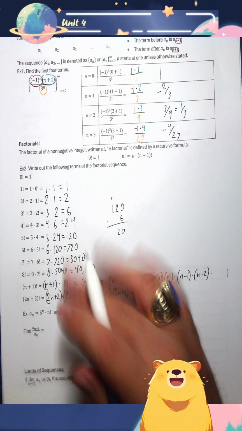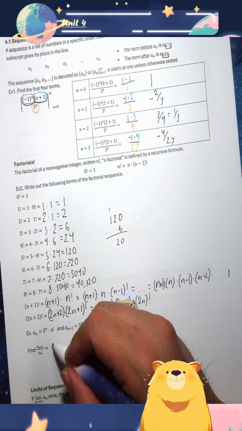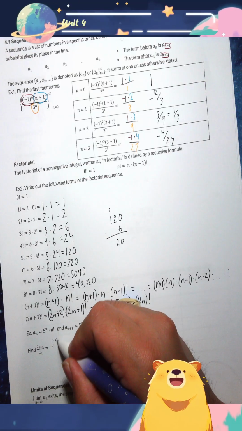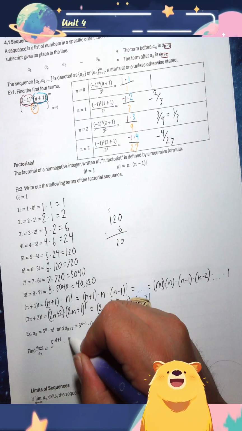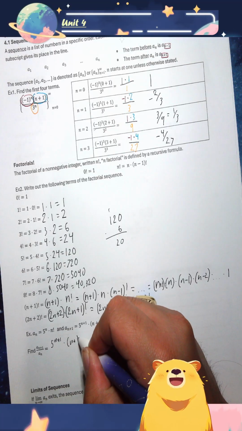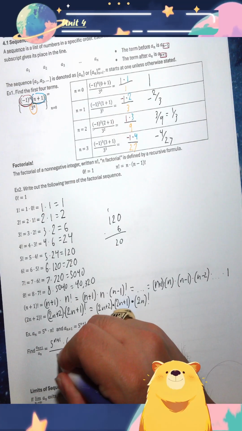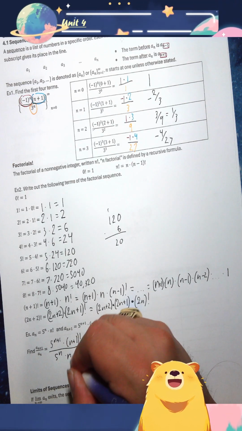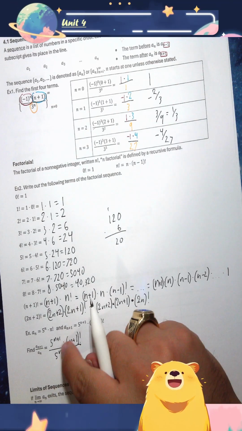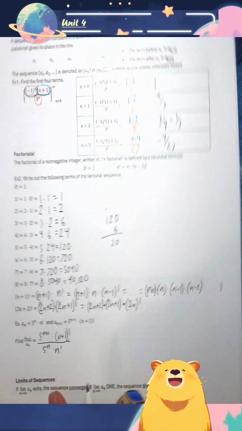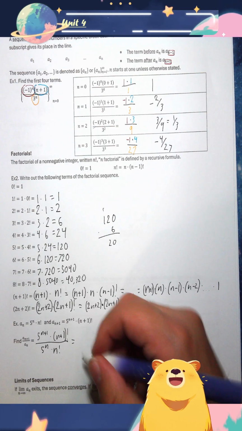First thing I'm going to do is write this out: 5n plus 1 times n plus 1 factorial over 5n times n factorial. I'm going to start with this first. This is probably the simplest, just simplifying the power.